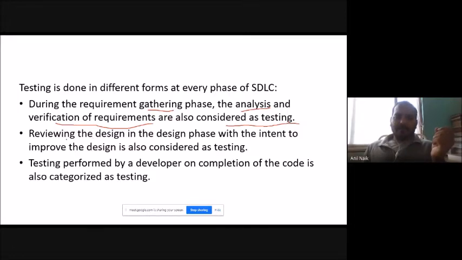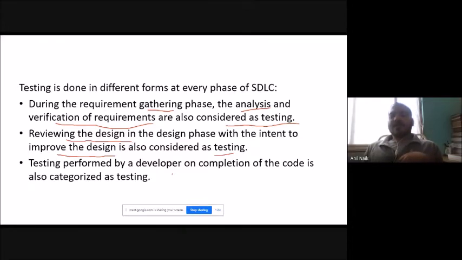Reviewing the design in the design phase with the intent to improve the design is also considered as testing. Once the requirement is completed, we go for the design and we review the design. We review the architecture. We review the different functionalities in the design. That is also considered as a testing process.